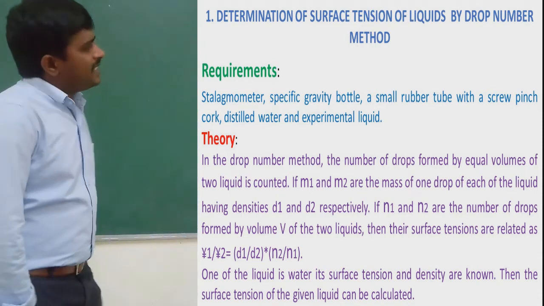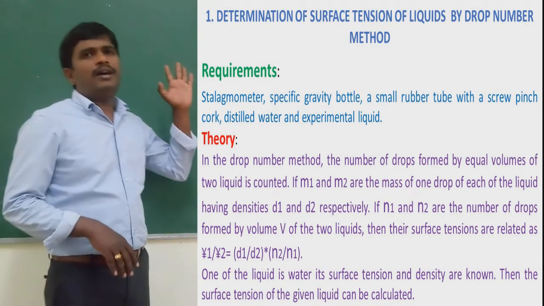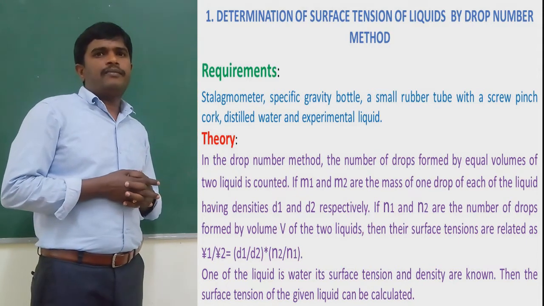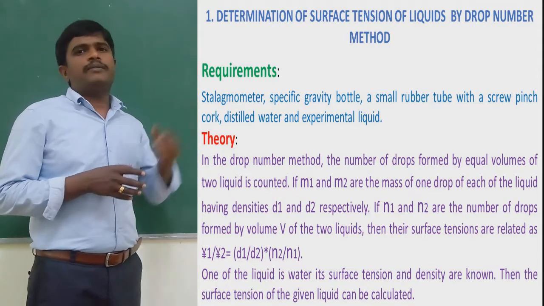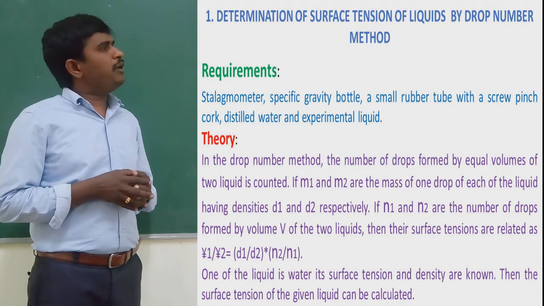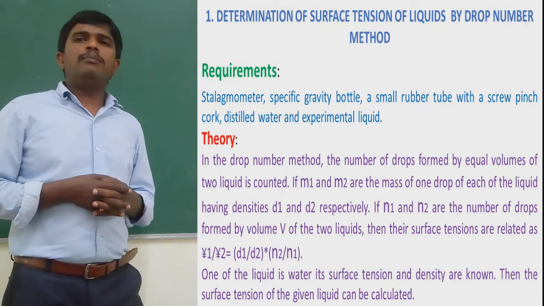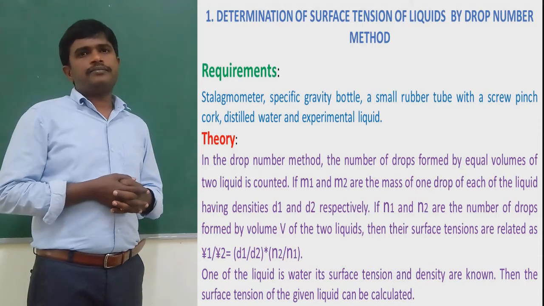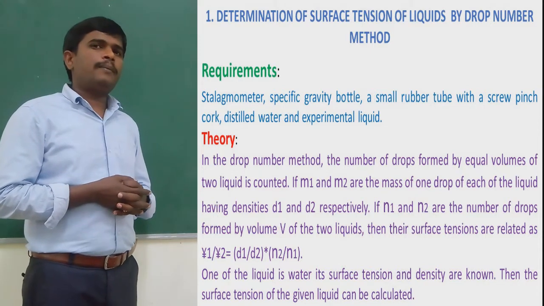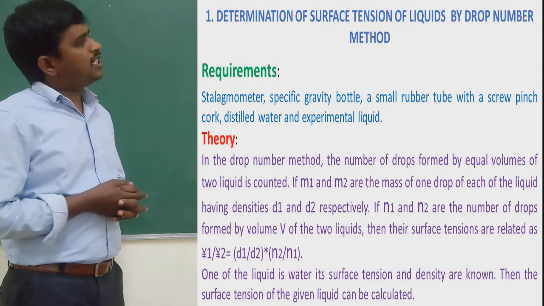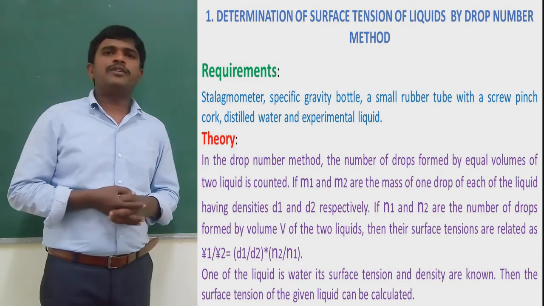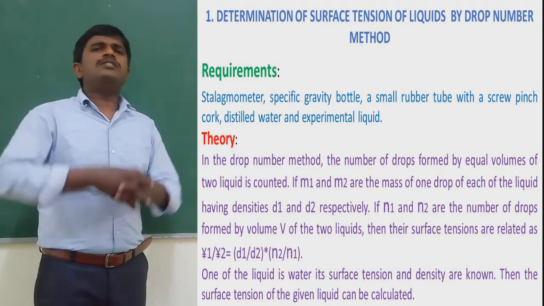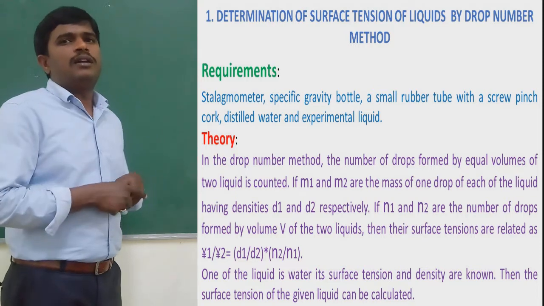See, for this experiment we need some requirements: a stalagmometer, a specific gravity bottle, a small rubber tube with a screw pinch cap, distilled water and experimental liquid. What is the theory behind this method?